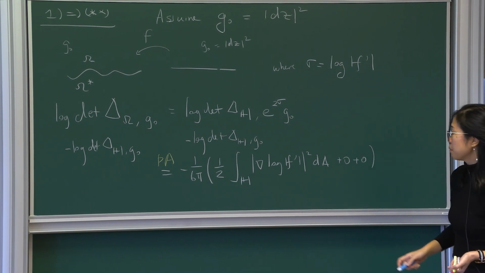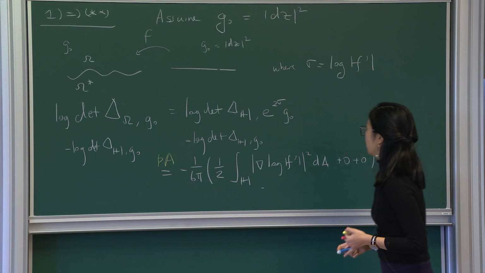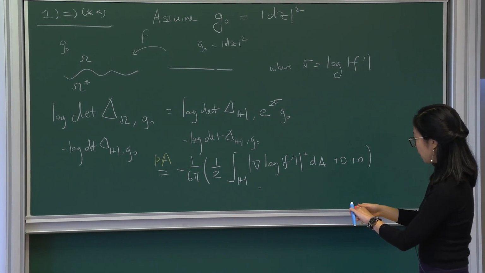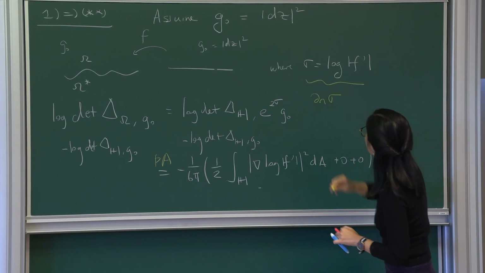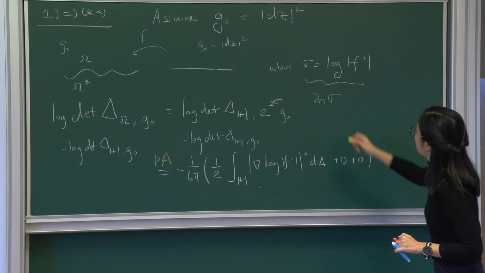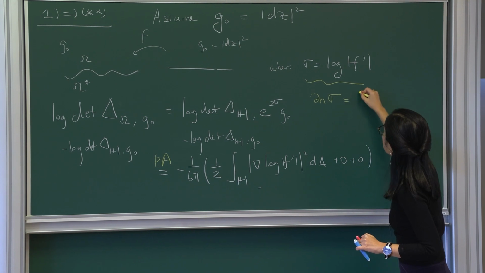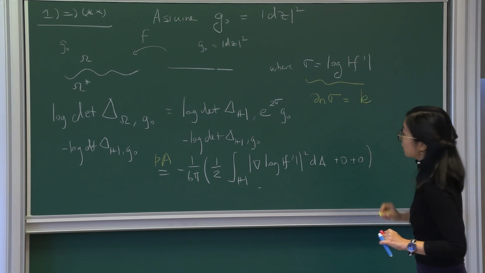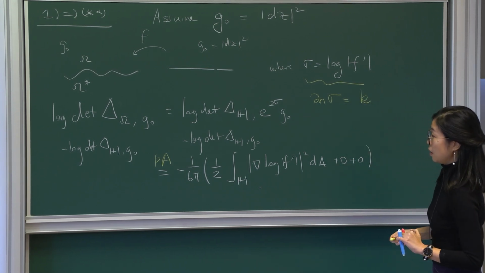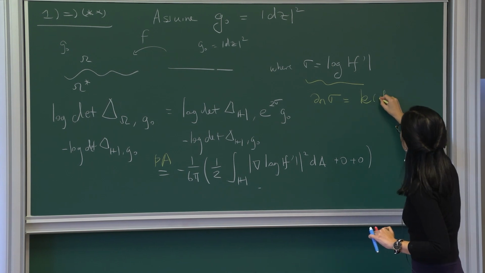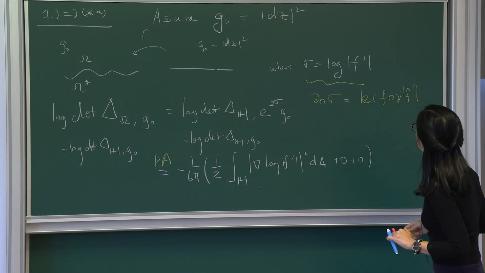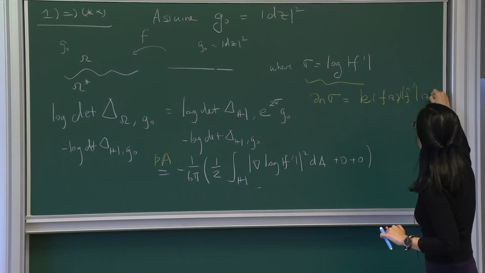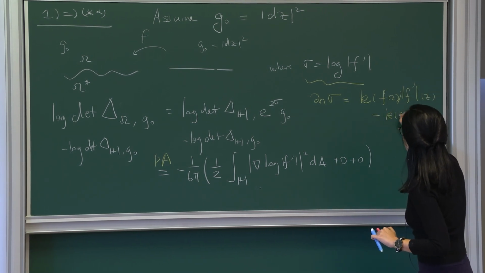And then the next term. Okay, so maybe you don't remember, but last time we actually have seen that the normal derivative of sigma would be the geodesic curvature of f of z times f prime of z minus the geodesic curvature at z.